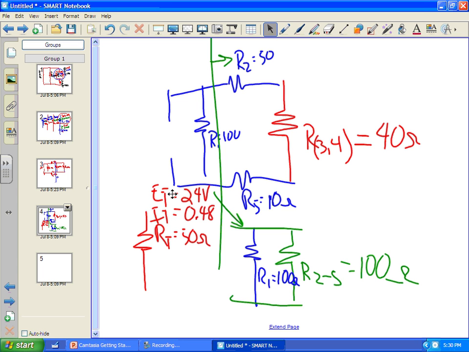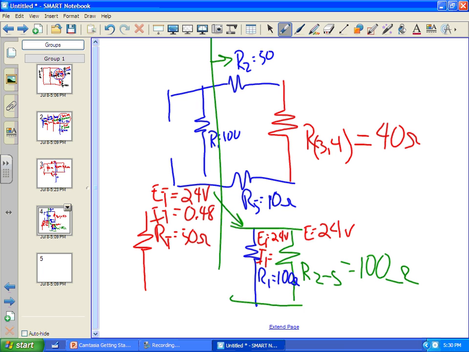So we're going to plug in our 24 volts. R2 through 5 is getting 24 volts for that whole branch, right? So 24 divided by 100, we just move the decimal place.